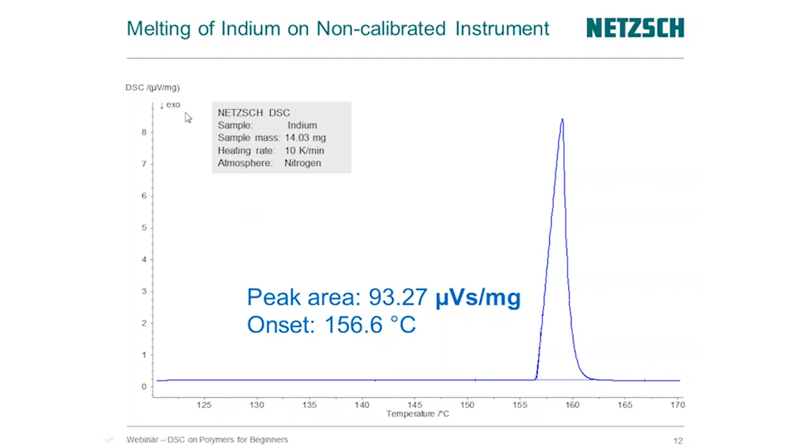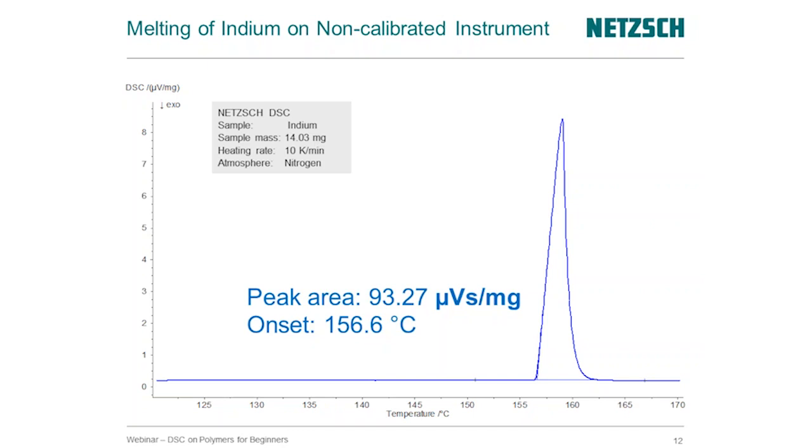I'm going to make a note here. You see the terms exo and endo from time to time. That's exothermal and endothermal behaviors. It really just depends on your preference. In this case, most everything that we show is going to have exo behavior going down and endothermal behaviors going up. But this is just a function of the software. It's just a simple click, and you can change the direction to whichever you're most comfortable with.